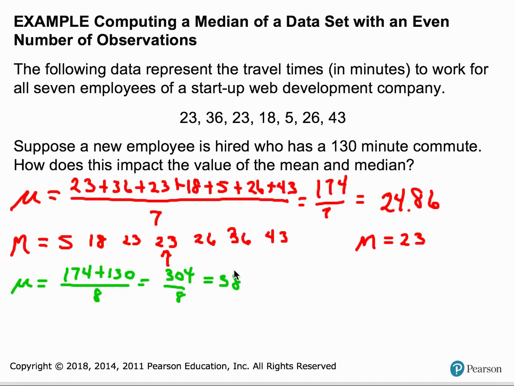Okay, and if I add 130 up here to my list calculating the median, now we have 1, 2, 3, 4, 5, 6, 7, 8. 8 plus 1 is 9 divided by 2, 4.5. So the new median just moves over halfway to the next value, right? So the new median is 24.5.